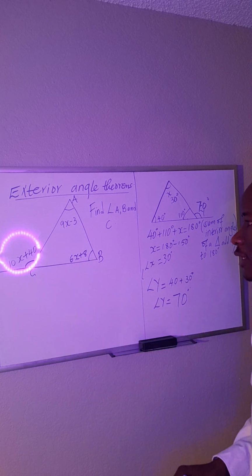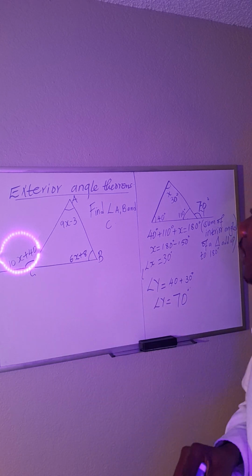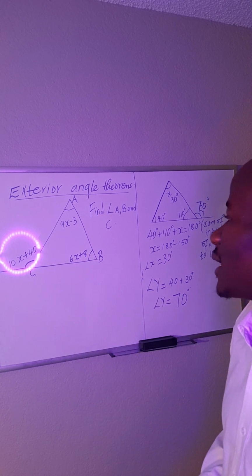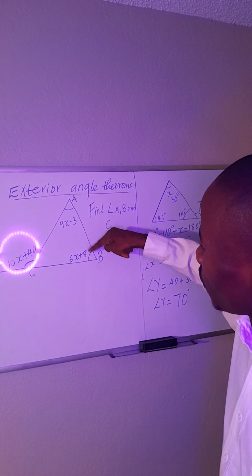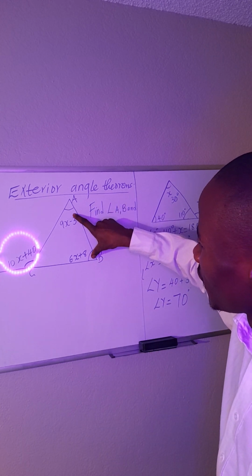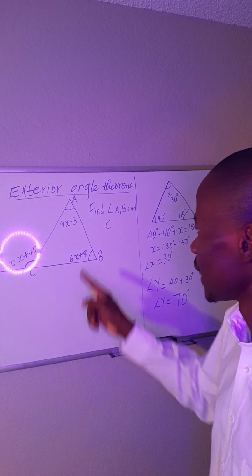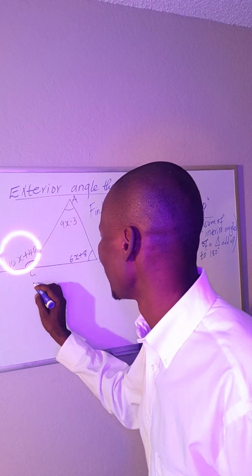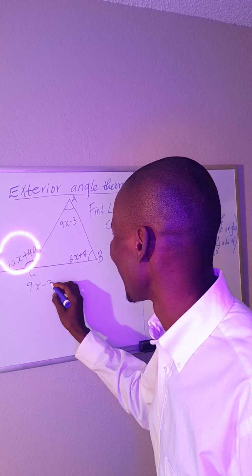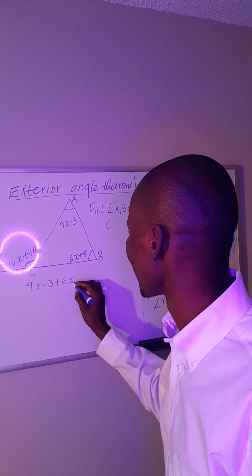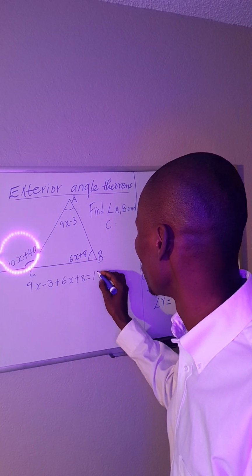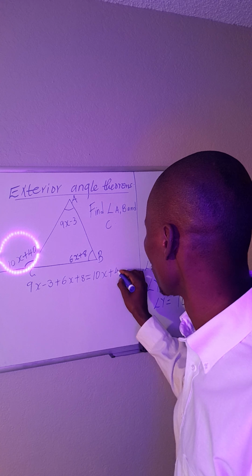Following the exterior angle theorem, which states that the sum of two remote interior angles is equal to one exterior opposite angle, if I take 9x minus 3 plus 6x plus 8, it is equal to 10x plus 40.